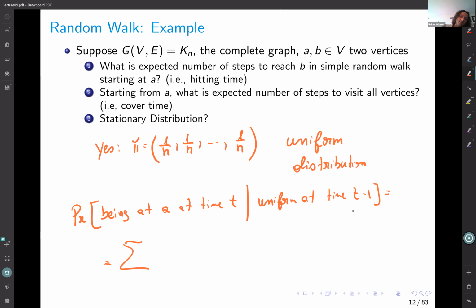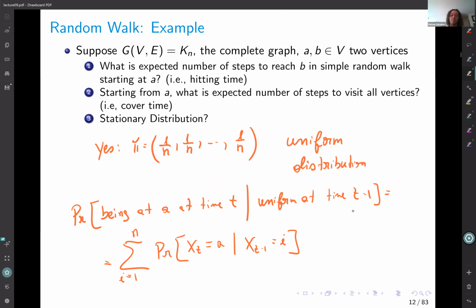You can go through all the vertices i equals 1 up to n, and take the probability of being at A at time t, that is, X_t equals A, given that X_{t-1} is equal to i. Because the way the random walk works, to go to time t, I only care where I am at time t minus 1.